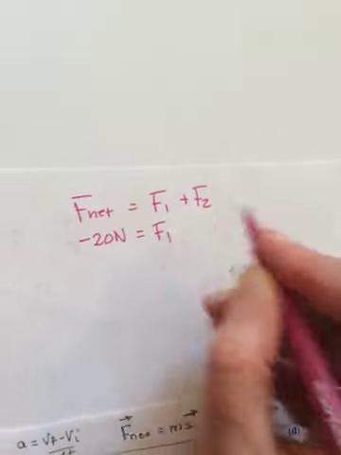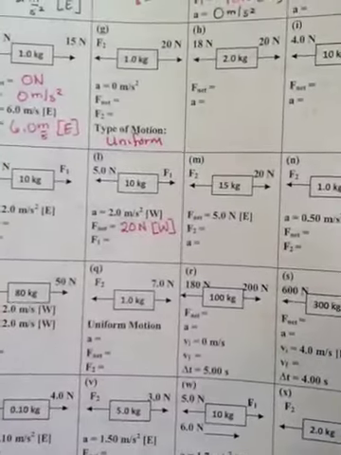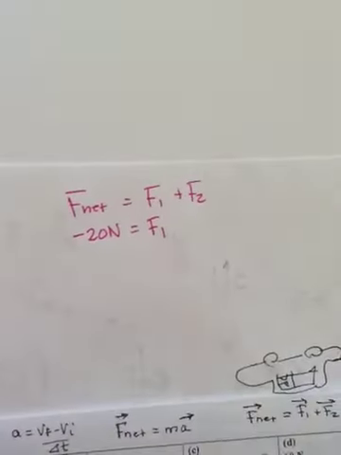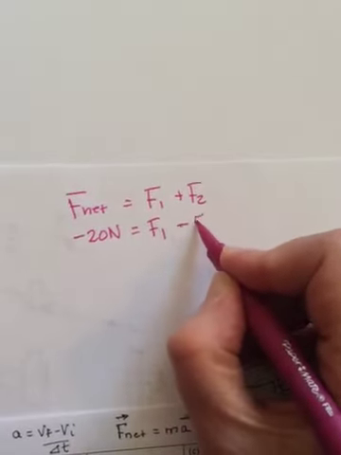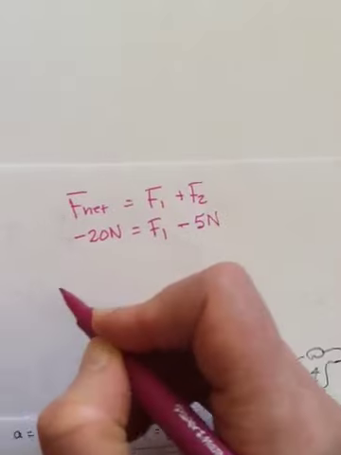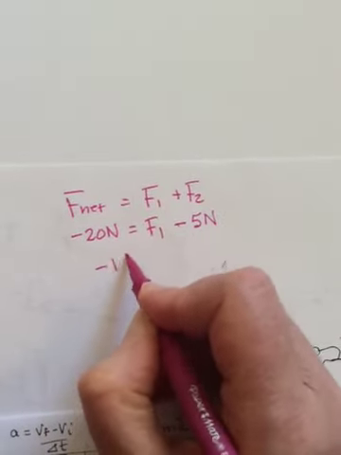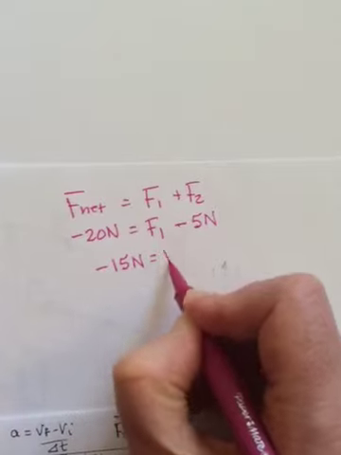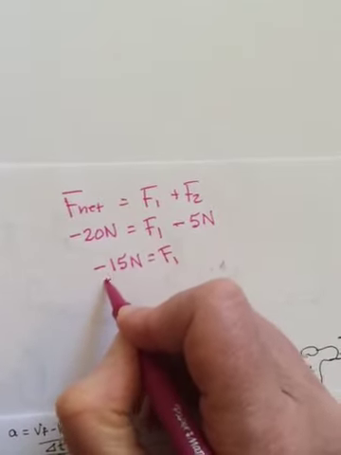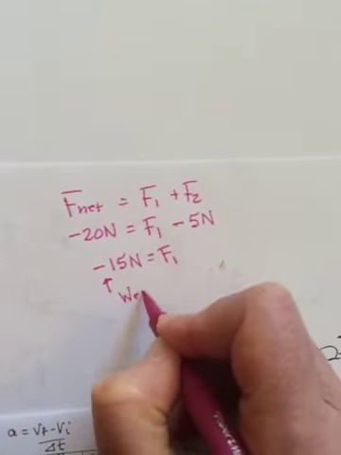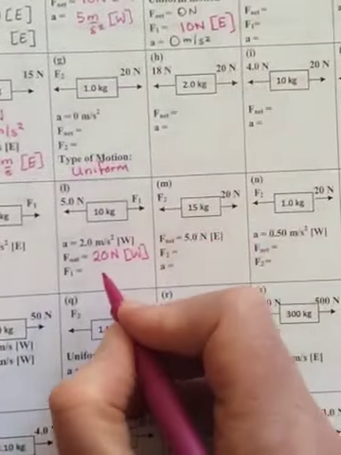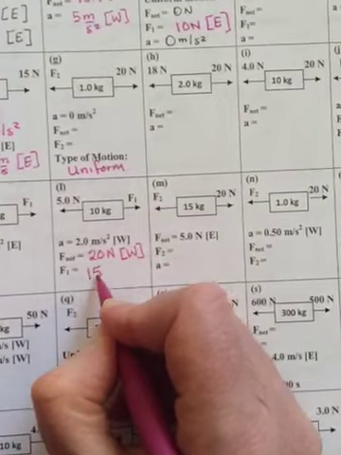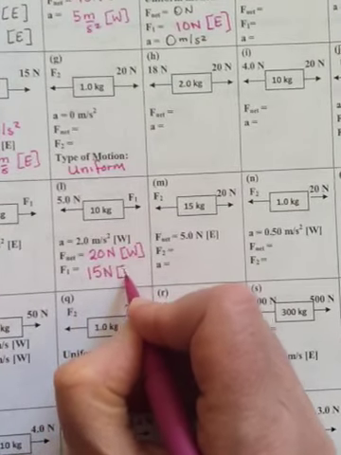We're looking for F1, and F2 from the diagram is 5 newtons, and it's west, so it would go in as negative 5. Take the 5 over, and you get negative 15 newtons is equal to F1. What does the negative mean? It means west. Okay, so don't be fooled by the diagram, believe the math. This would be 15 newtons west.